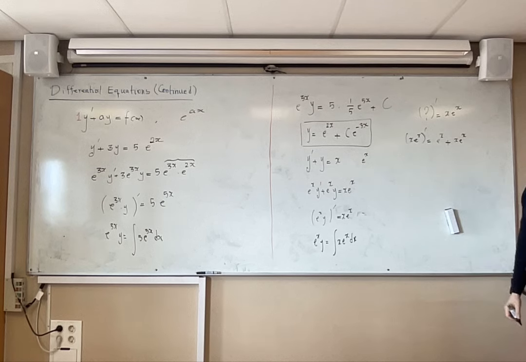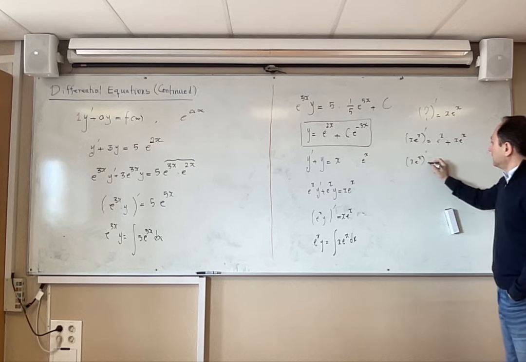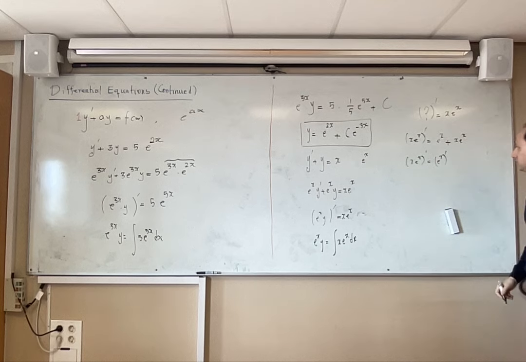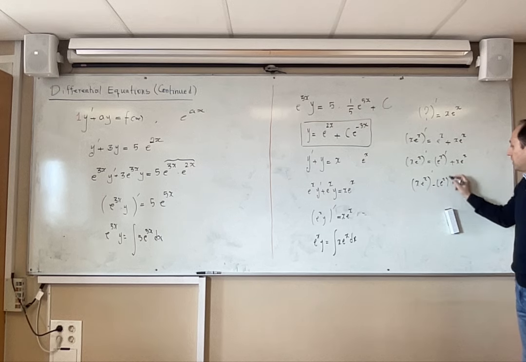Yes. Why? Because here you can go a little bit further. Instead of e to the power of x, I write the derivative of e to the power of x. Don't try to see why I'm doing this. Just see that it works. So then it becomes x e to the power of x. Then I move this to the other side. It becomes (x e^x)' minus (e^x)' is equal to x e^x.